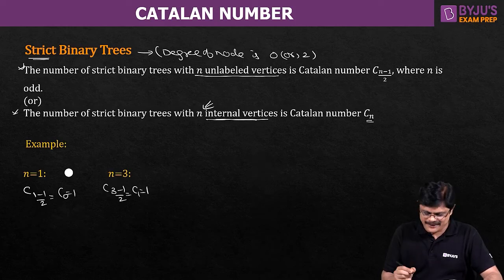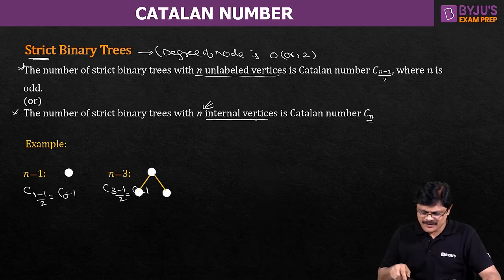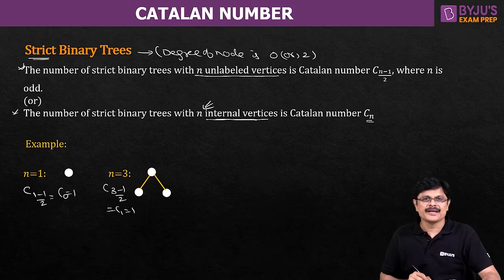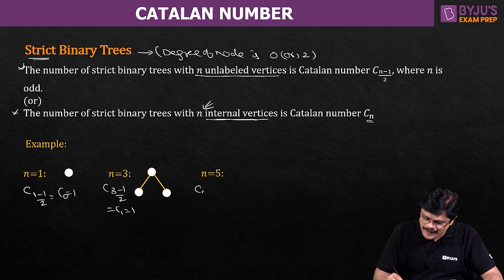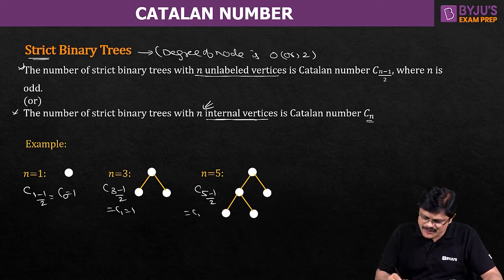C1 is 1. With 3 nodes, there is only one strict binary tree. That is this one, which is C1, equal to 1. And with 5 nodes, you have to write C of (5 minus 1) by 2, that is C4 by 2, that is C2. C2 is 2. And these are the two strict binary trees, my dear friends. C2 is equal to 2.